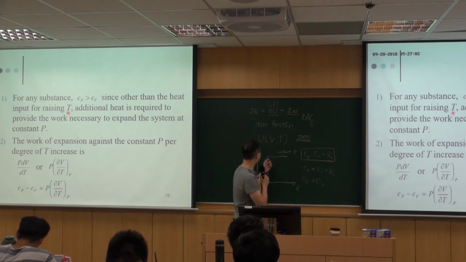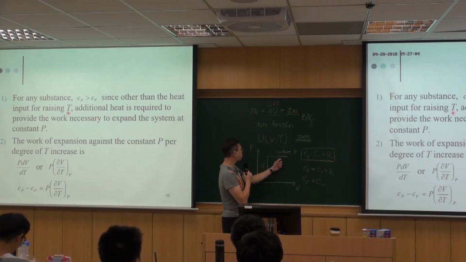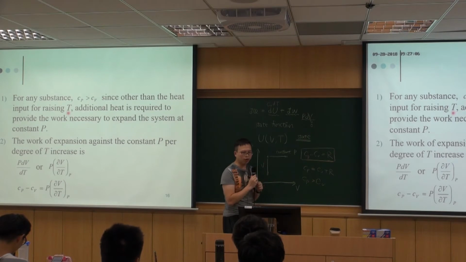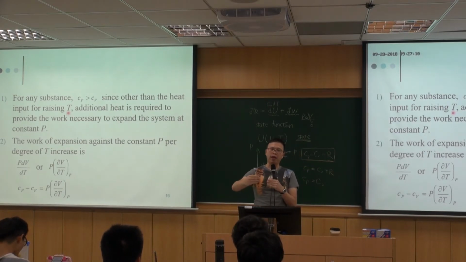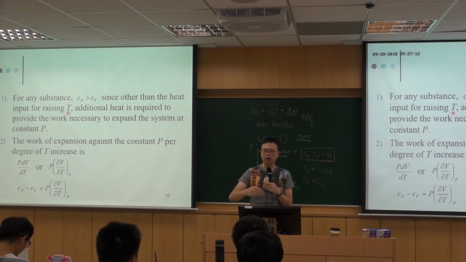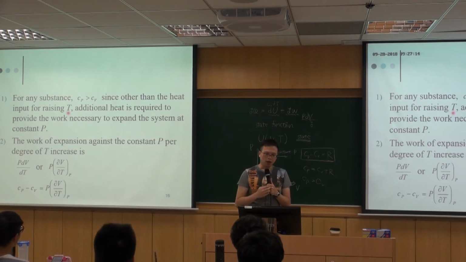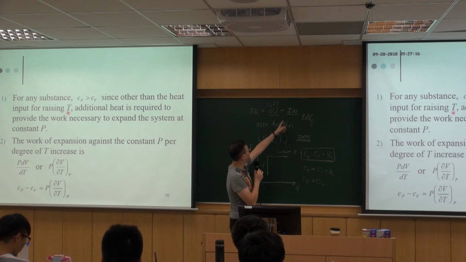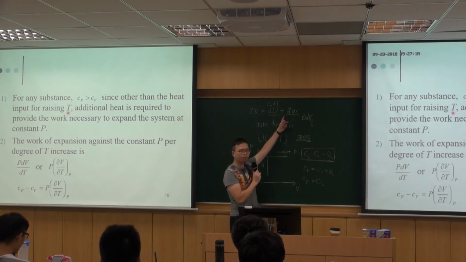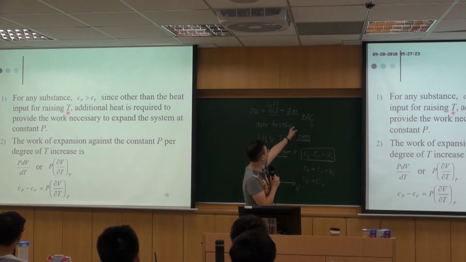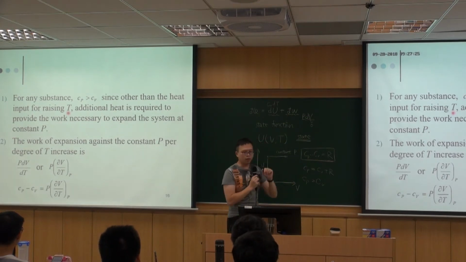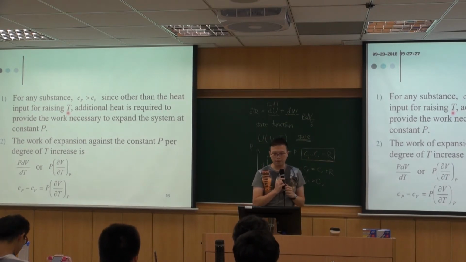But if you're dealing with a constant pressure process, it means that the volume is expanding, so the system is doing work. And therefore, you have this extra part, and it is due to this extra part that Cp will be greater than Cv.